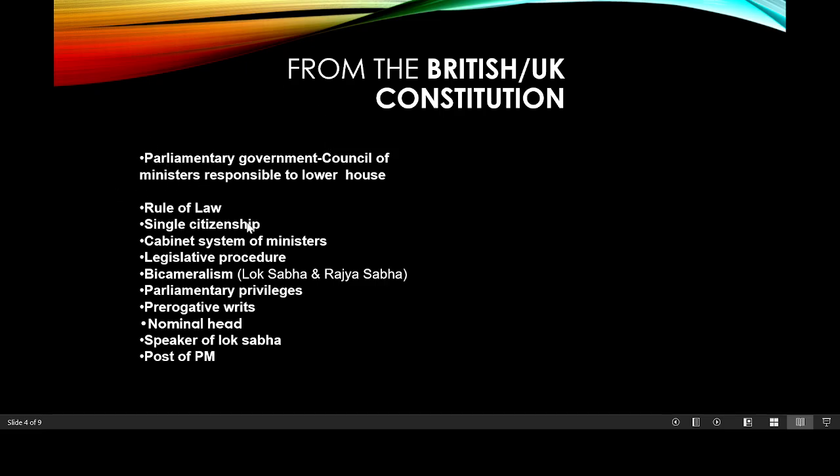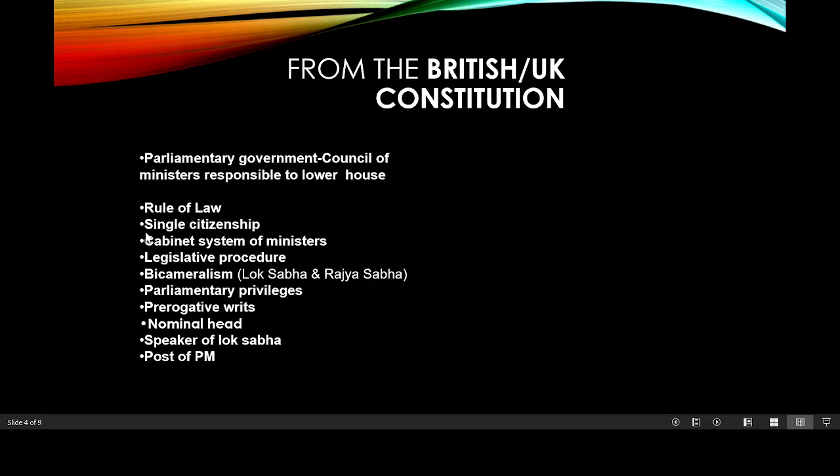The second is rule of law. You should not get confused between procedure established by law and rule of law. Rule of law is basically Article 14 of the Indian Constitution, and it has come from the British Constitution. Procedure established by law has been borrowed from Japan, and rule of law from Britain.